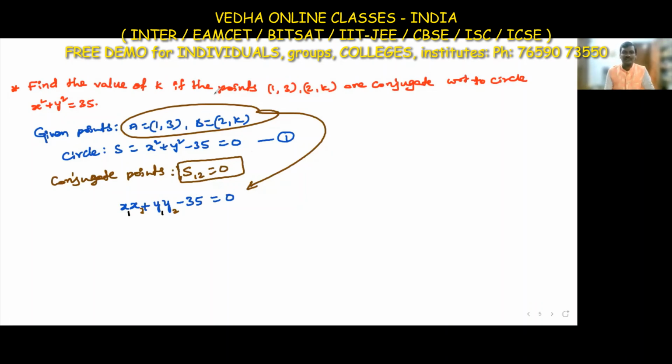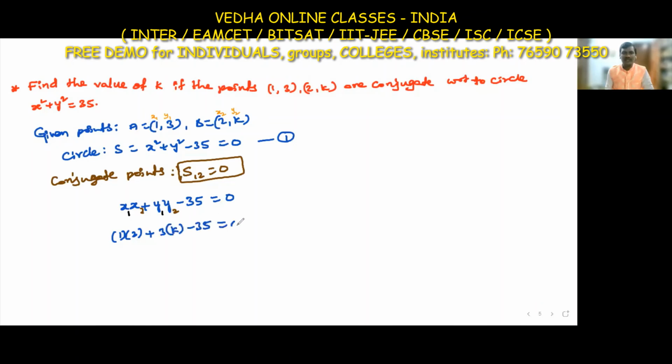Understood? So what are x1 y1 and x2 y2? The first point is x1 y1, and the second point is x2 y2. If we substitute those values, x1 into x2 is 1 into 2, y1 y2 is 3 into k, minus 35 equal to 0.